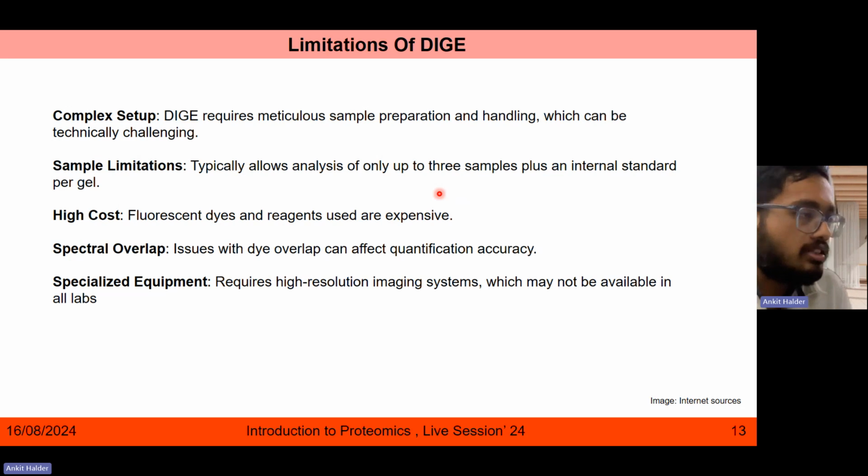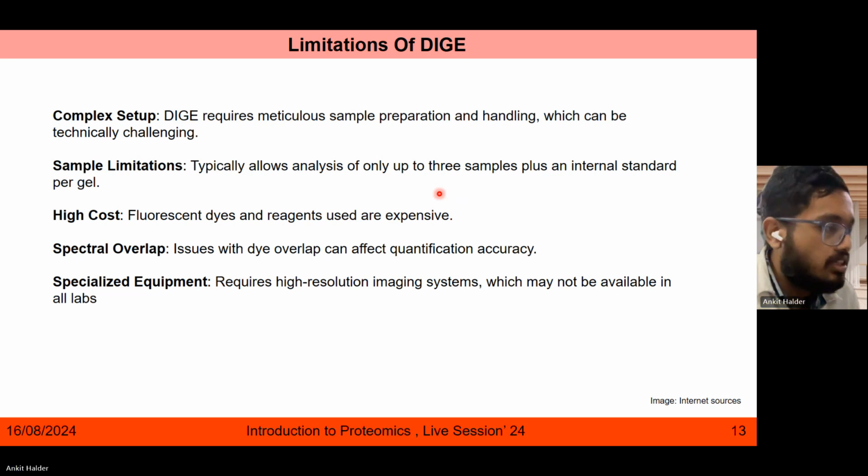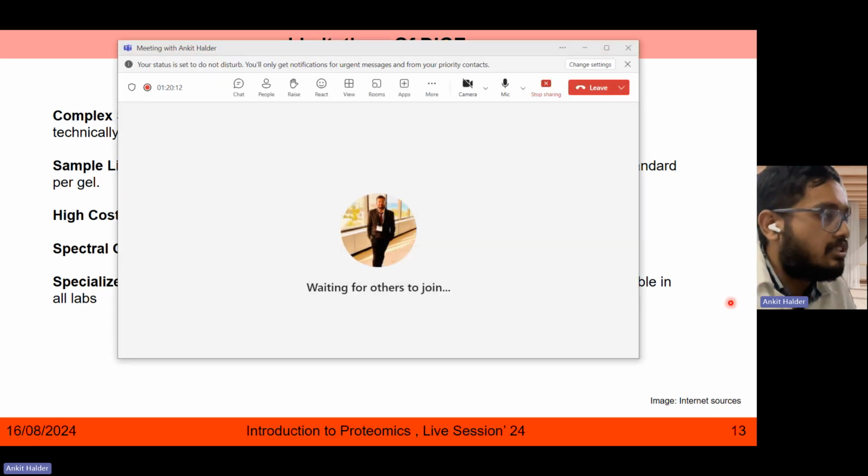So these are the limitations specifically for dyes: the complex setup, sample preparation limitations, high cost, spectral overlap, and the specialized equipment that might not be very feasible for all sorts of experiments.